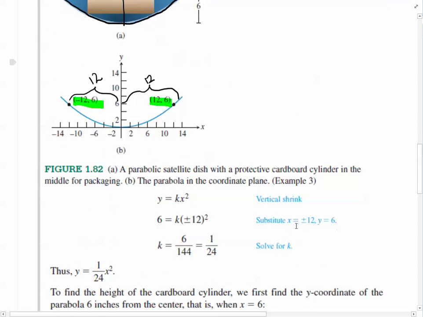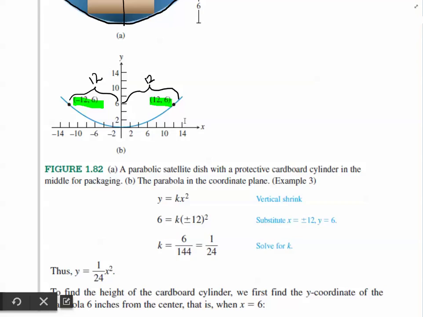So why do we need that? We need that so that we can create an equation for this parabola. Since the vertex is at 0, 0, there was no horizontal or vertical translation whatsoever. So it's just y equals k times x squared, because we did have a vertical shrink. So we need to figure out what factor it was shrinking by.